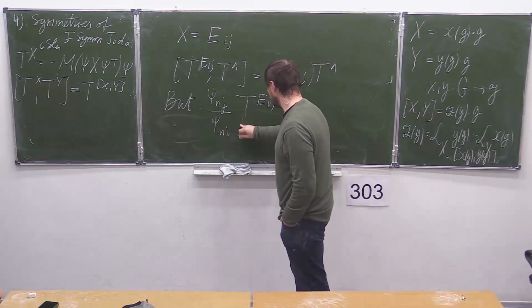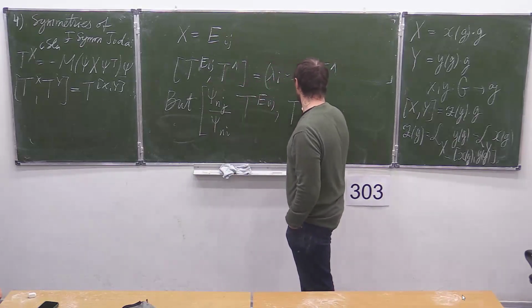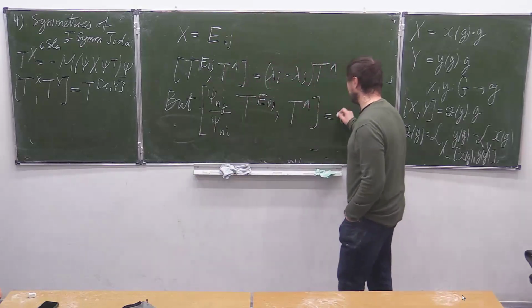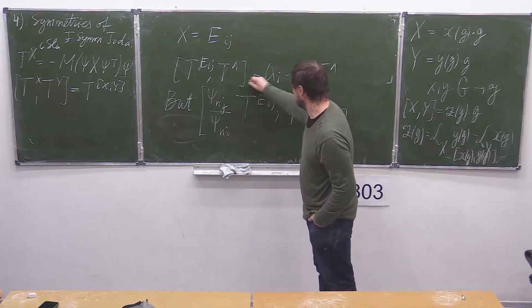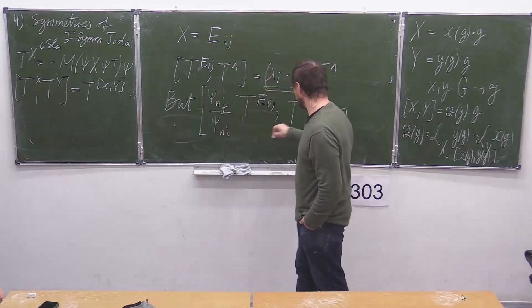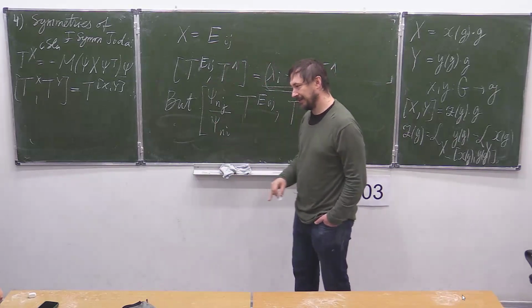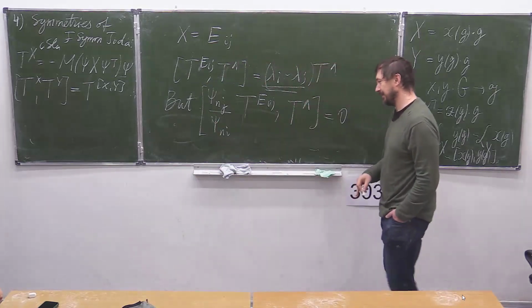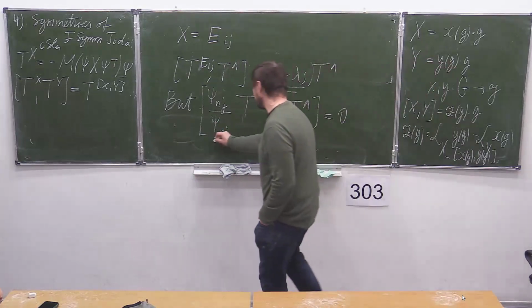And this already will be a symmetry, because what we get from this commutator will be cancelled out when you act T lambda on this function. So it's 0. It's a symmetry. Let us denote this vector field Tij.